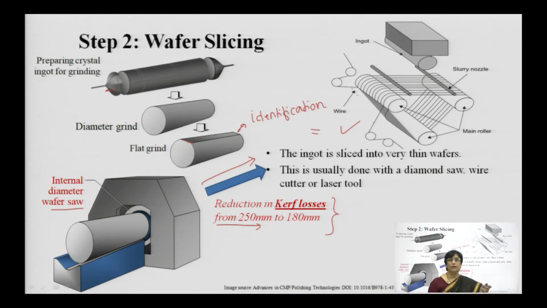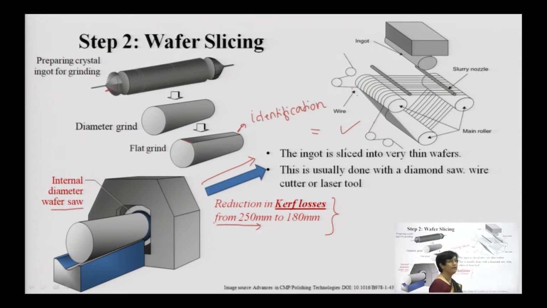Not only that, the substrate surface we get is much superior as compared to what we get with the inner diameter cutting saw. So, rather than using a saw, we are using a wire to cut those ingots. Now, once we have the ingots of uniform size simultaneously cut, these are the first stage in which we are getting the wafers.